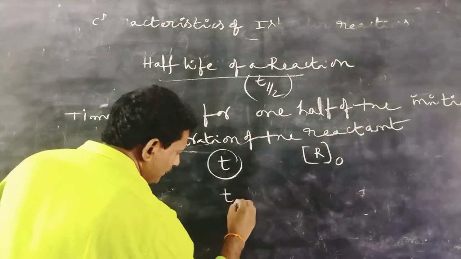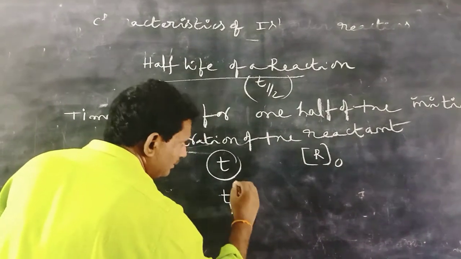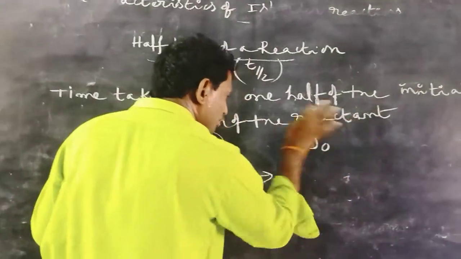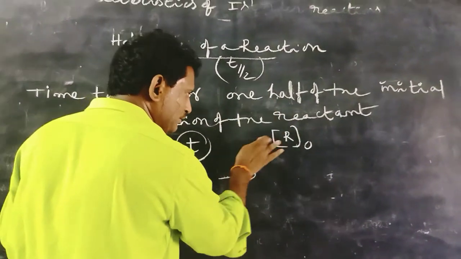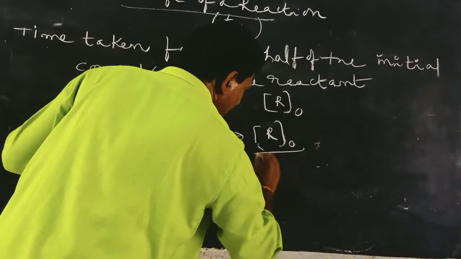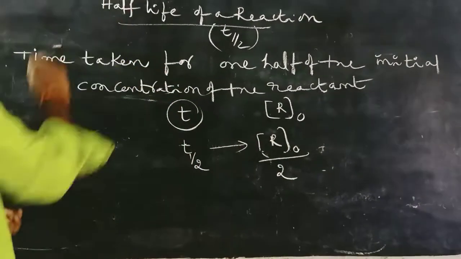Half-life means t₁/₂. Therefore, the initial concentration of the reactant is reduced to [R]₀/2. That time is known as the half-life.